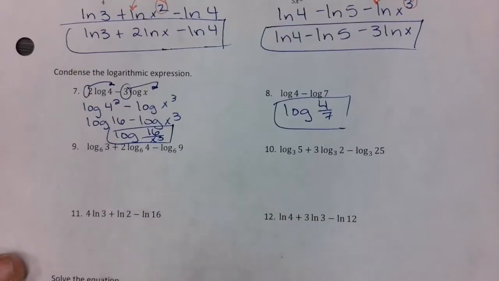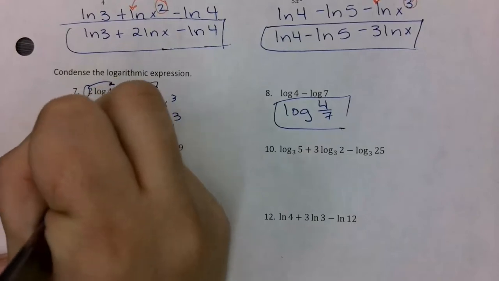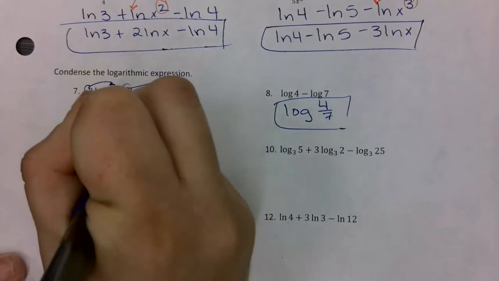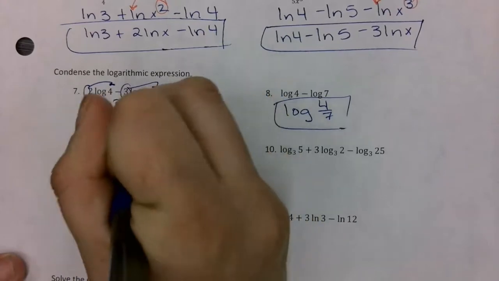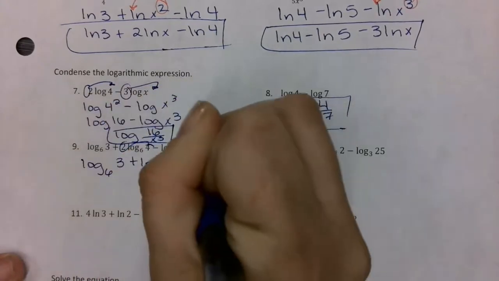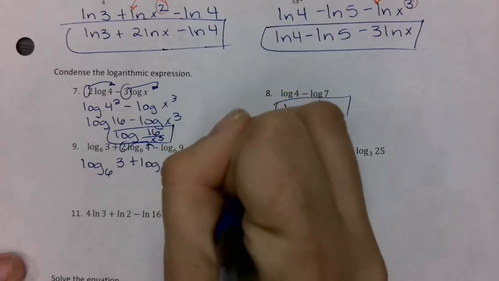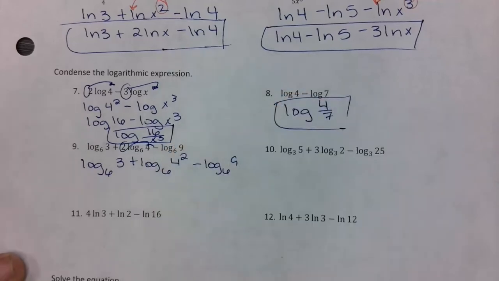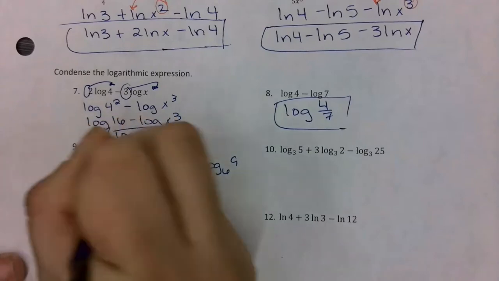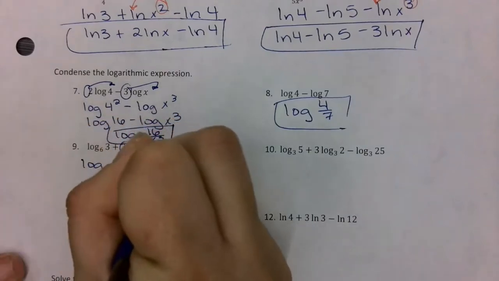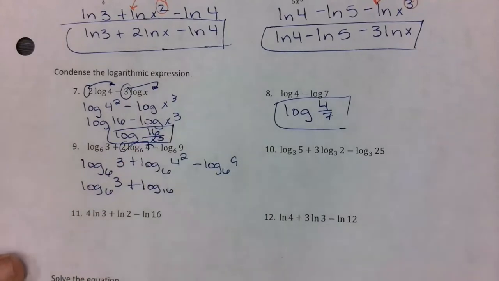Number 9 is log base 6, 3, plus log base 6, and the exponent is going to move onto the 4, so 4 squared, minus log base 6, 9. 4 squared is 16.